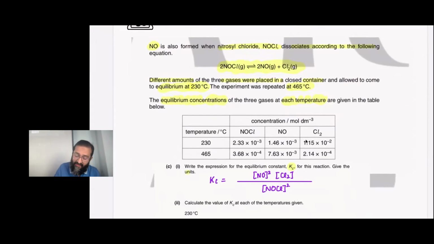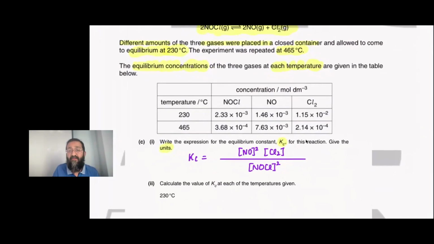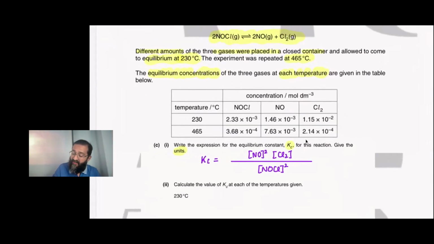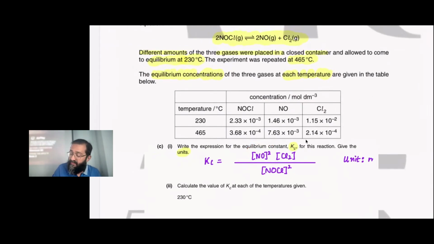We have a square in the numerator and a square of concentration in the denominator, so those cancel out and we are left with one concentration of chlorine in the numerator. The units of mole per dm cube squared and mole per dm cube squared cancel out, so we are just left with mole per dm cube. Till here, is this clear? Yes, sir.